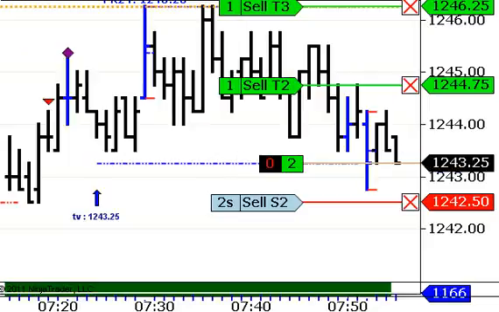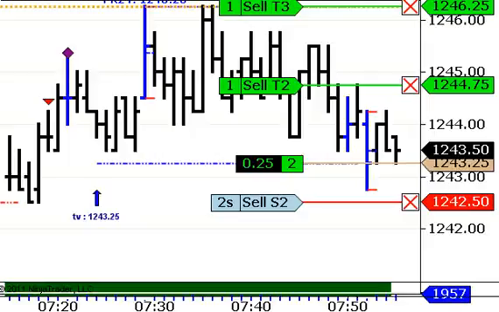But we have been filled, so worst case scenario on this particular trade, if the market were to drop down to 1242.50, 3 ticks below our entry price, which is where we're trading right now, we would end up with a scratch or break-even trade, because we've already exited one half of our position, and we've made 3 ticks profit on each one of those two contracts.